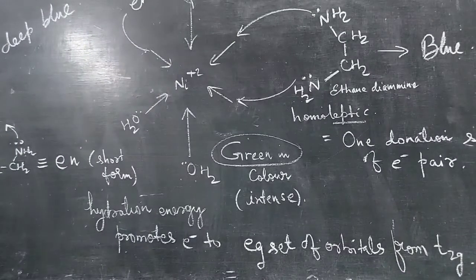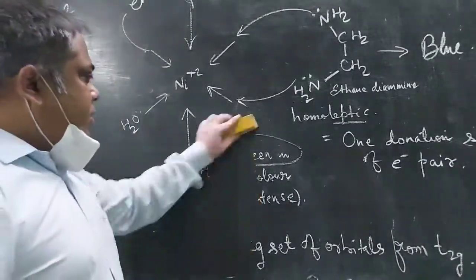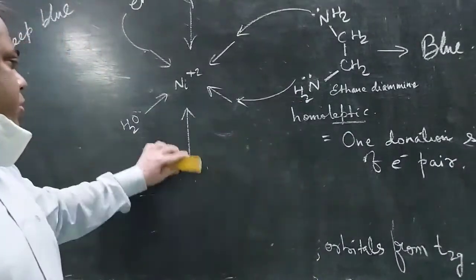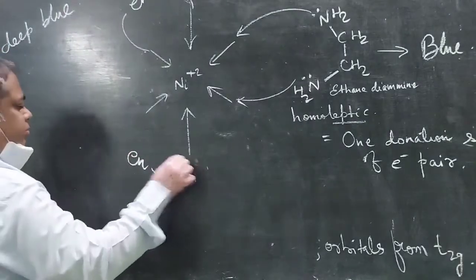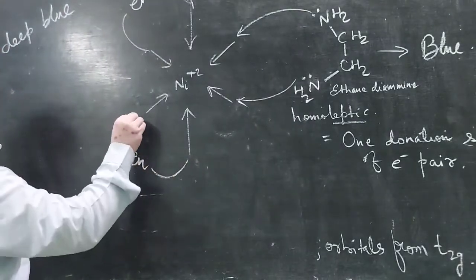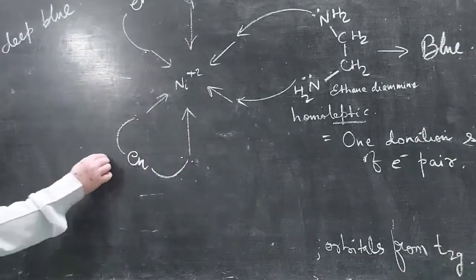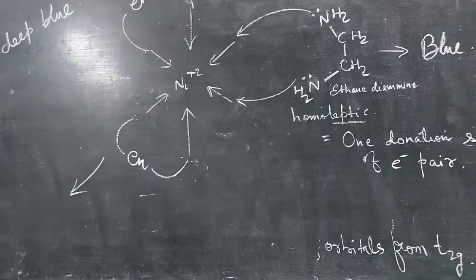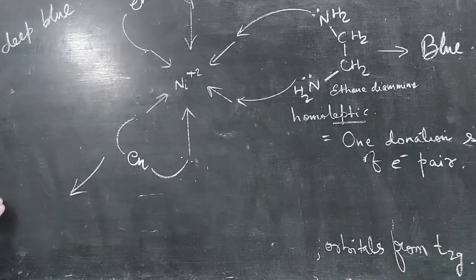Again, if I substitute these two also with another EN, then it will become faint pink.